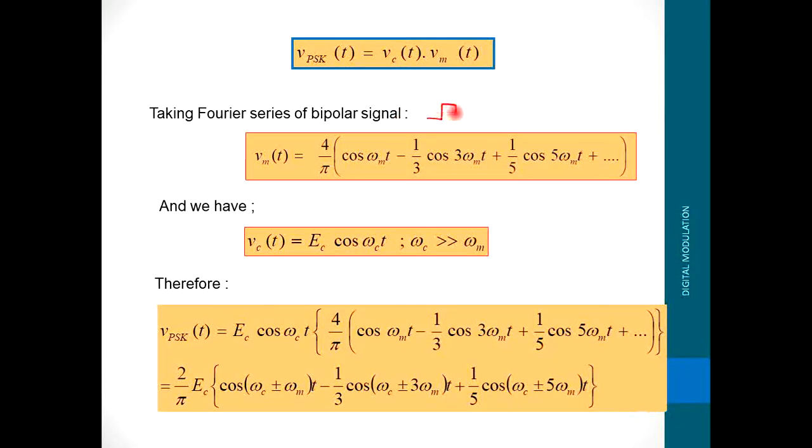For this bipolar signal, VM(t) equals this equation, and the equation for the carrier from the local oscillator is EC cos omega_C t. After we multiply them together, we have the equation like this. So this is the equation for VPSK, or VBPSK.